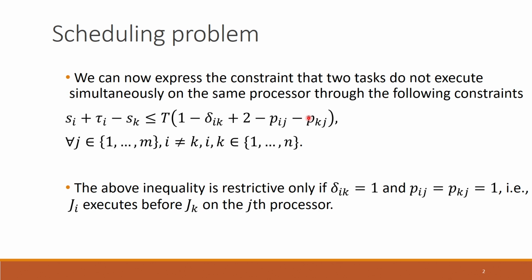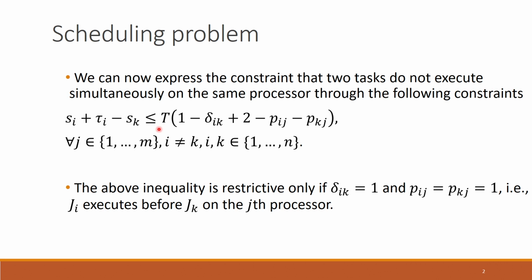Just to remind you why capital T is getting multiplied here: it can happen that the difference Si plus tau i minus Sk can be something greater than 1 also. In that case we have this capital T on the right hand side, so that there is an upper bound on this Si plus tau i minus Sk.